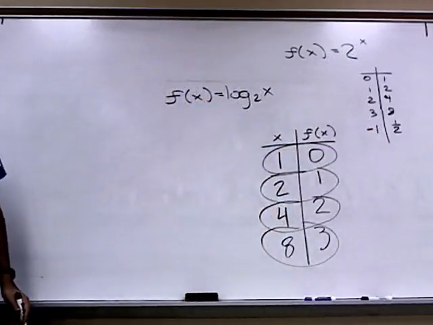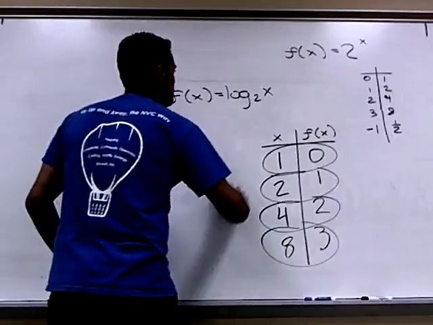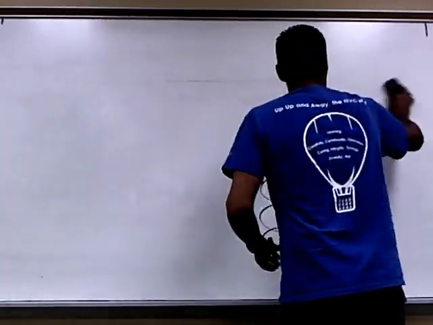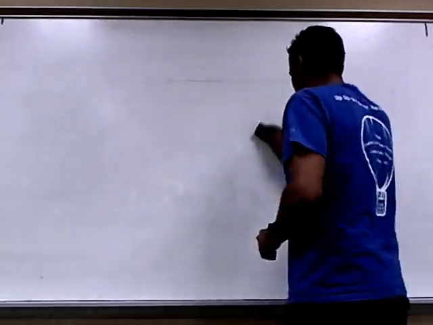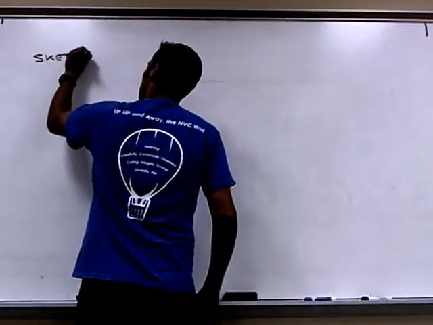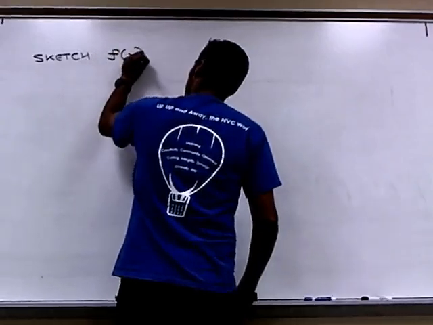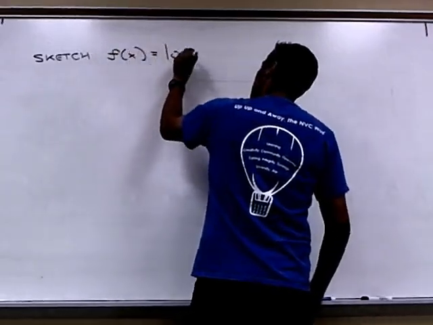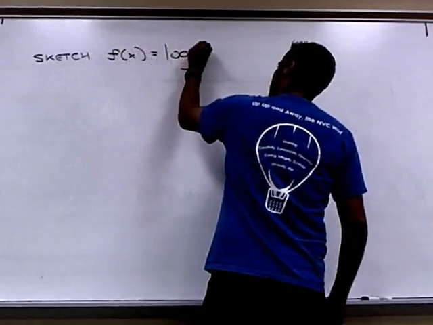All right? So I'm going to start with a brand new example. I want us right now to sketch the function f of x equals log base 4 of x.